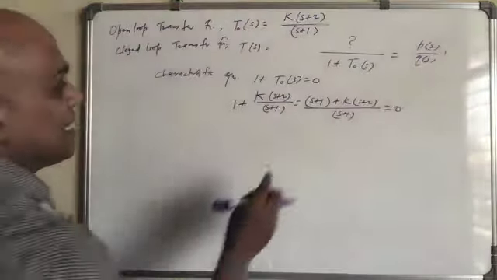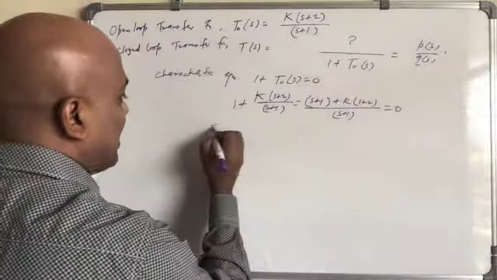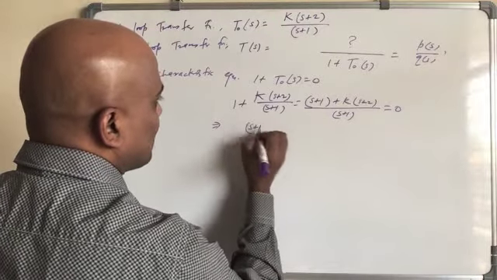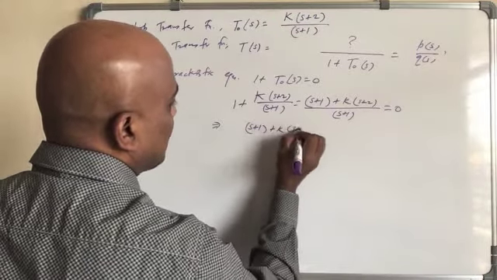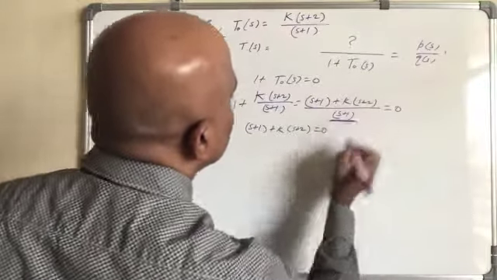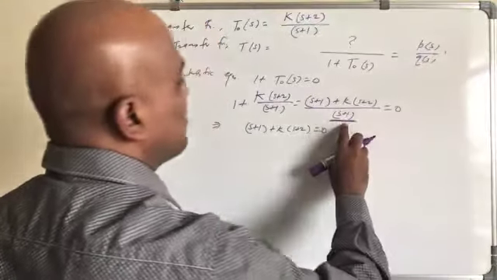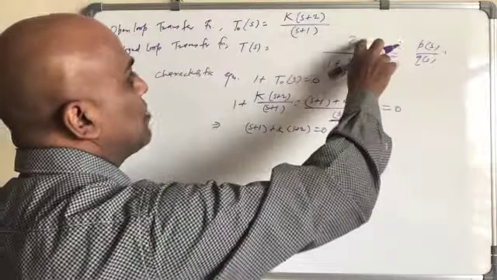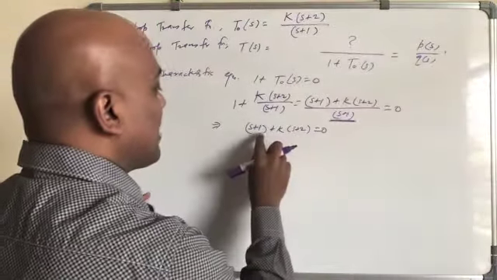Finally, the characteristic equation comes back to s plus 1 plus K(s plus 2) equal to 0. Mind it, the s plus 1 will automatically be cancelled from the numerator part.